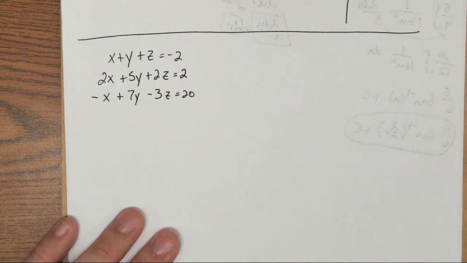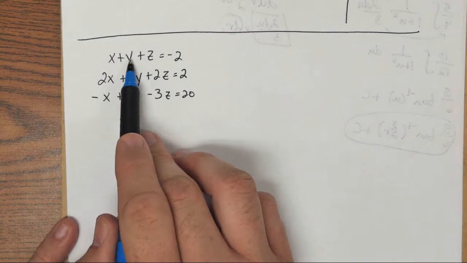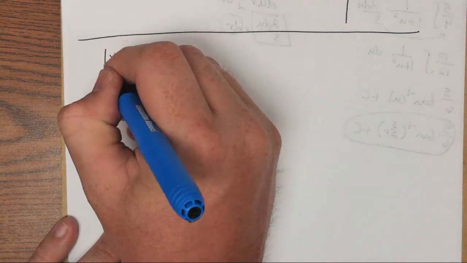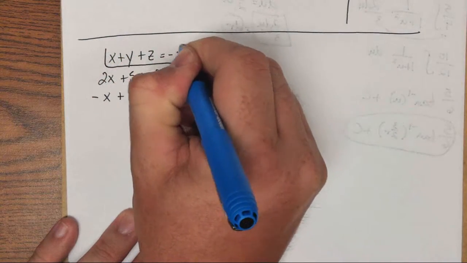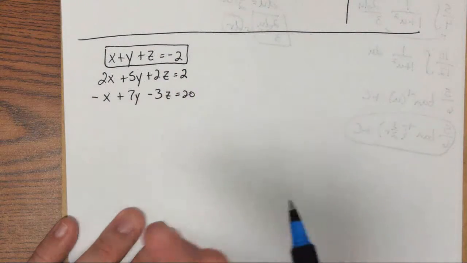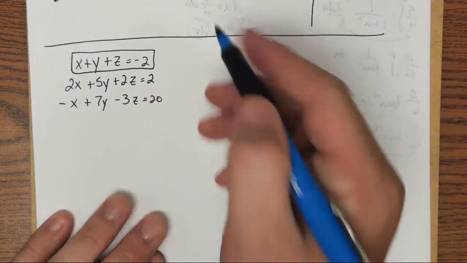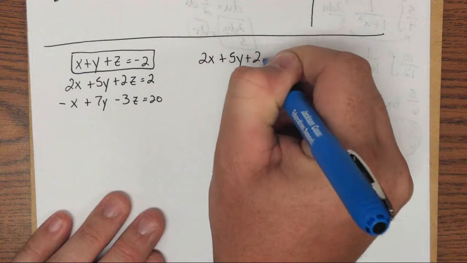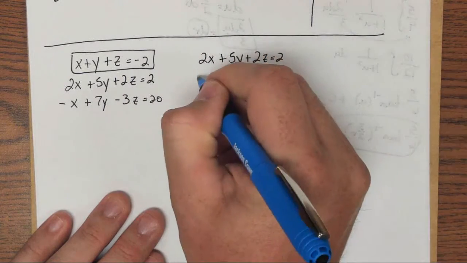If you're going to use elimination, the whole premise behind it is the same. I've got to get rid of either X or Y or Z. The way you're going to do it is pick one of your equations. Again, I highly recommend the simplest one. And we're going to pair that with the other two and try to eliminate one of the variables. We're going to take my second equation, 2x plus 5y plus z equals -2, and pair it with it.